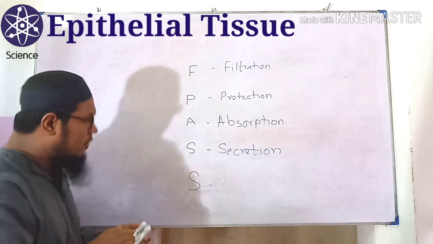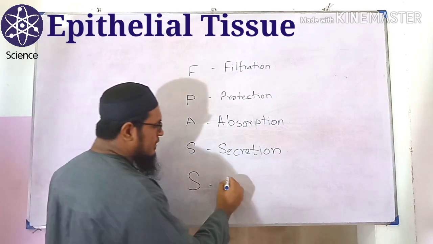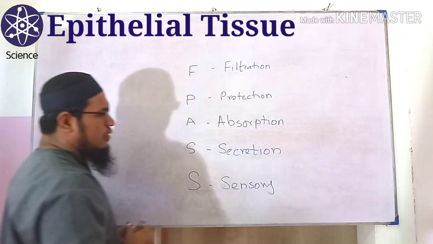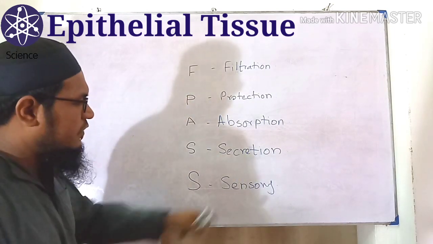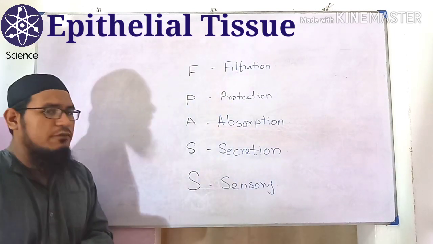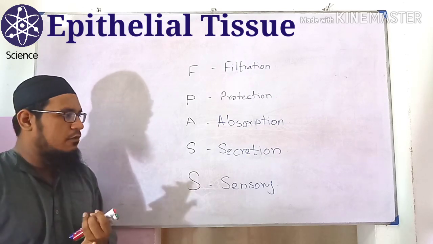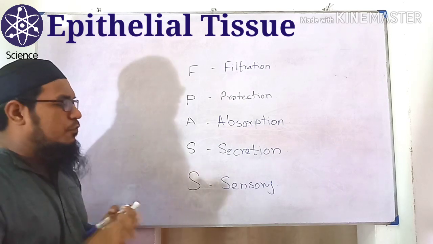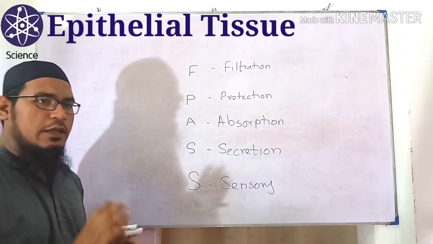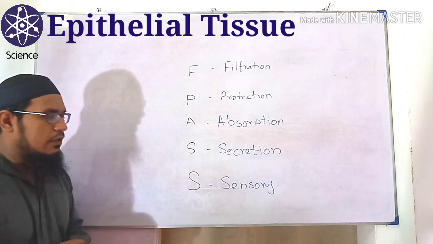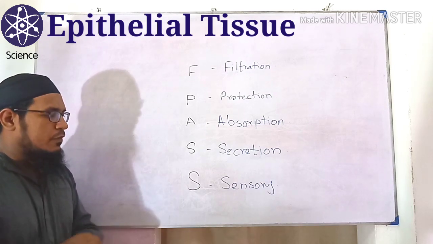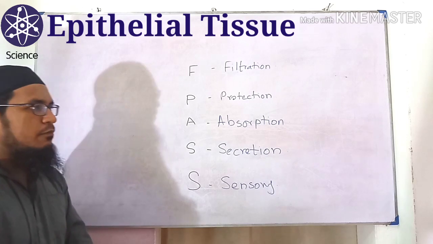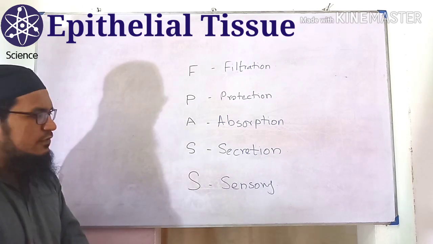And the final function of epithelial tissue is sensory. There also we can take the example of the skin. Our skin is a main sensory organ. It is the organ which can sense touch, prick, pressure, temperature, all those things. The skin sends the message to the brain and the brain perceives it.